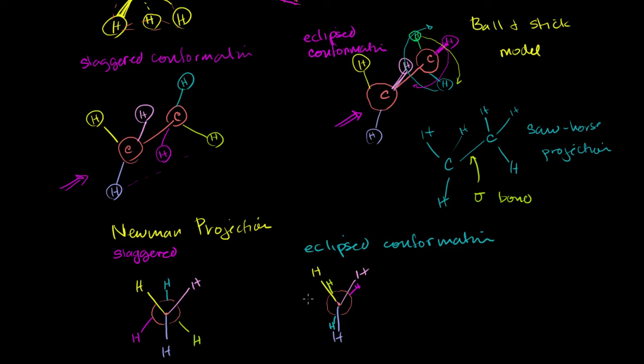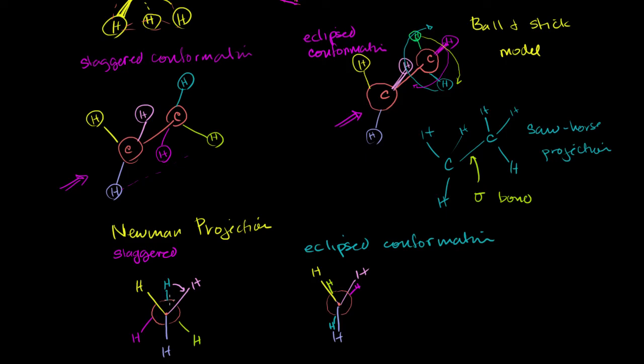Now, there's one more idea I want to introduce you to, and that's the notion of the angle between the different hydrogens. So what is this angle between the blue hydrogen and this pink hydrogen right here? When you think of it in 3 dimensions, you can't really say the angle between the blue and the pink.